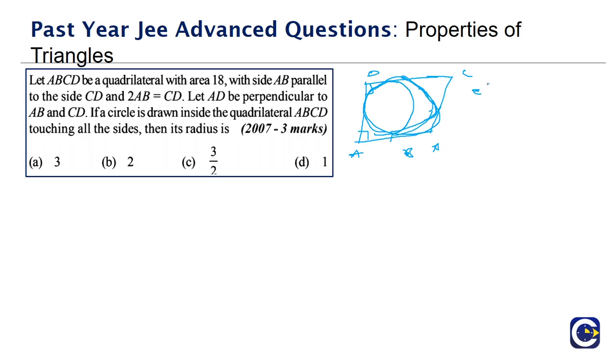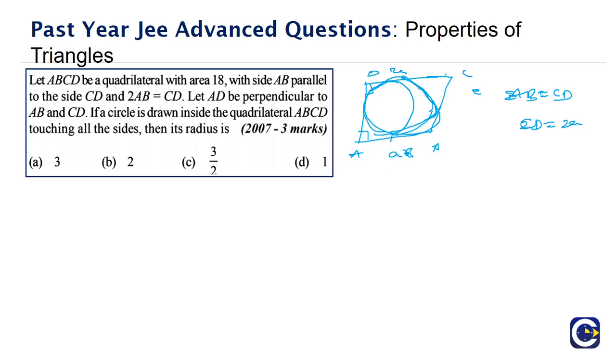Initially they give 2AB is equal to CD. So I'm assuming the side of length AB is A, which gives the length of side CD as 2A. So this is A, this is 2A.